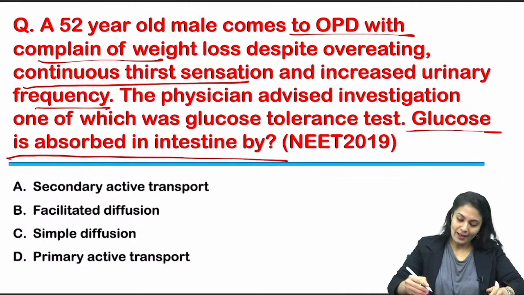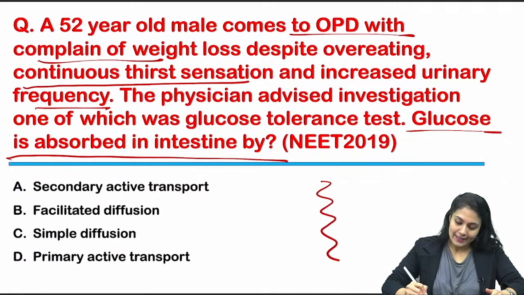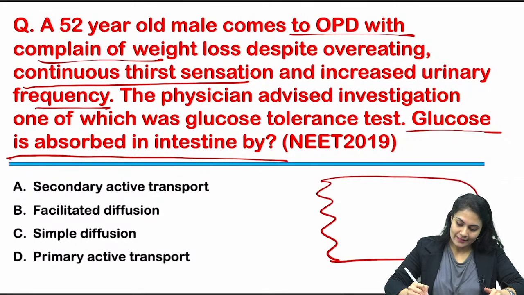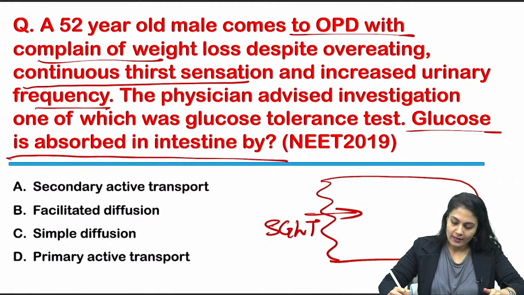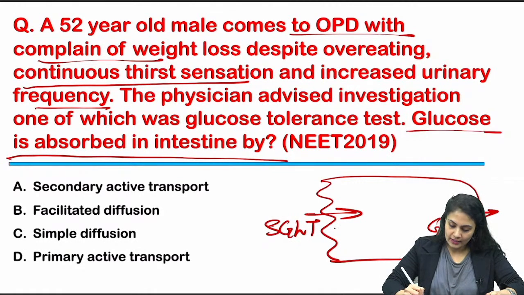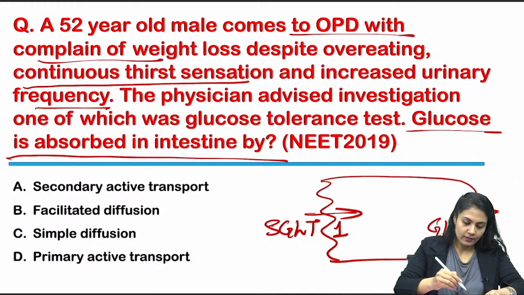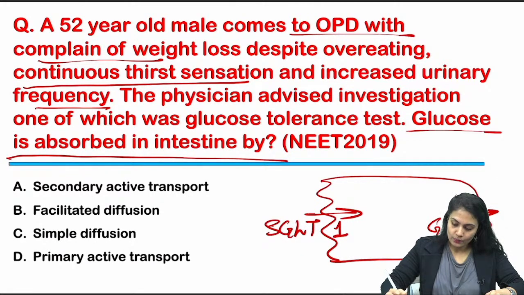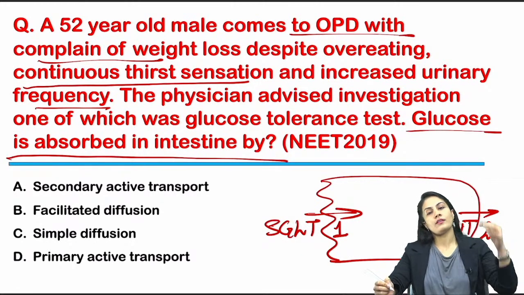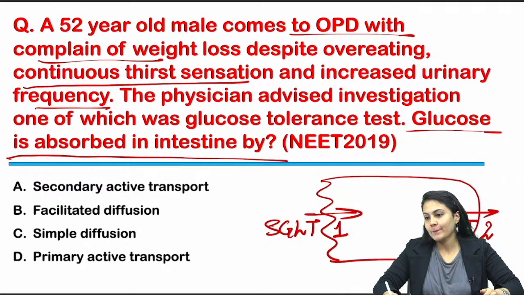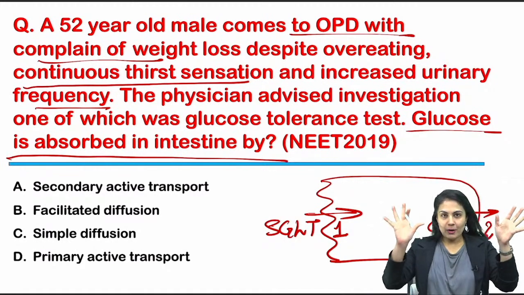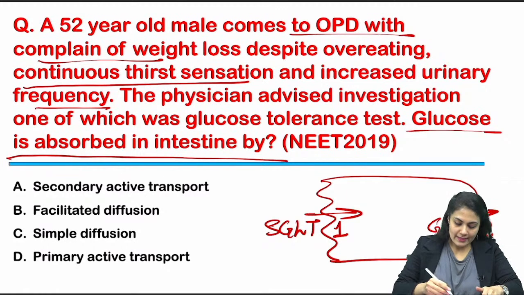Again, we do have the basal side and apical side. This is the apical side from which the SGLT is going to act, and over here the GLUT will be acting, especially SGLT1 and the GLUT. Over here the GLUT will be GLUT2, which will be reabsorbing the glucose. They haven't asked us anything about the capillary, so it is in the intestine.